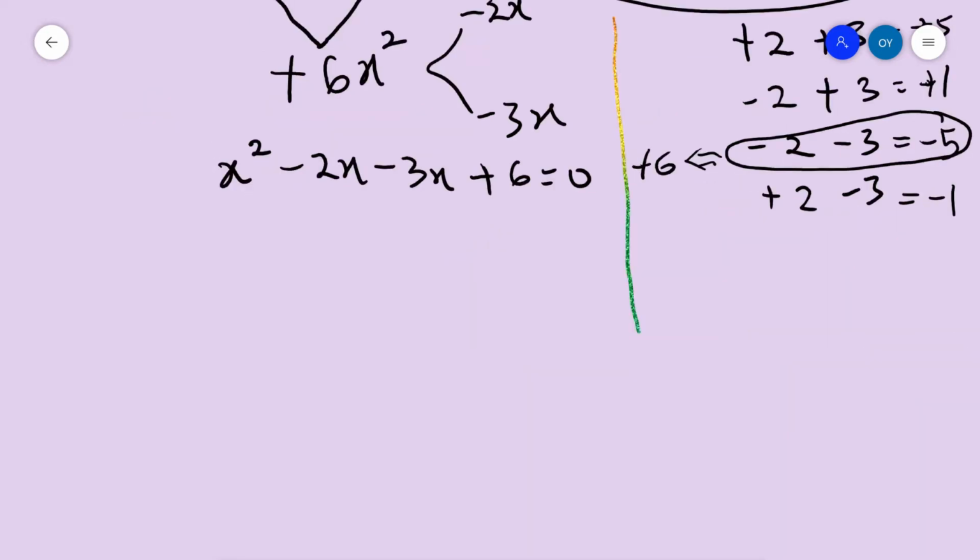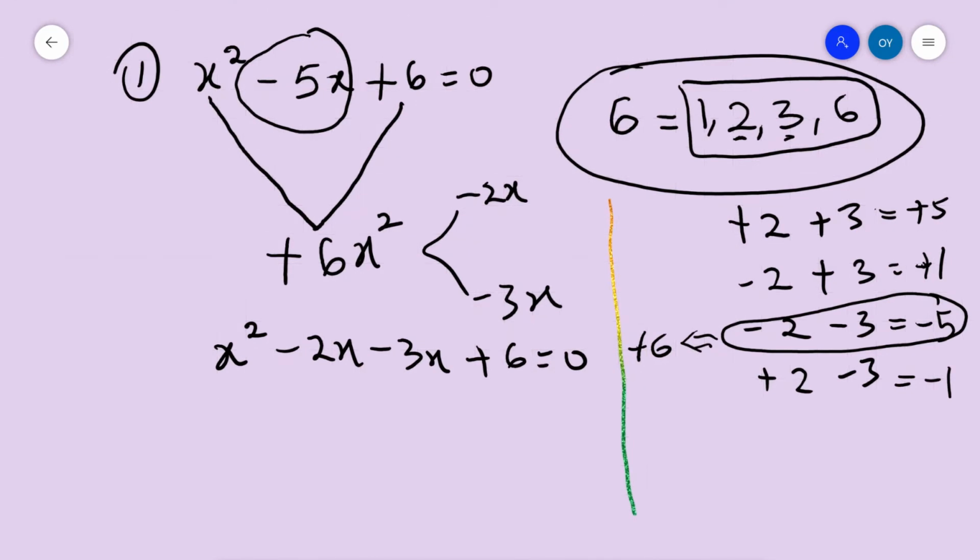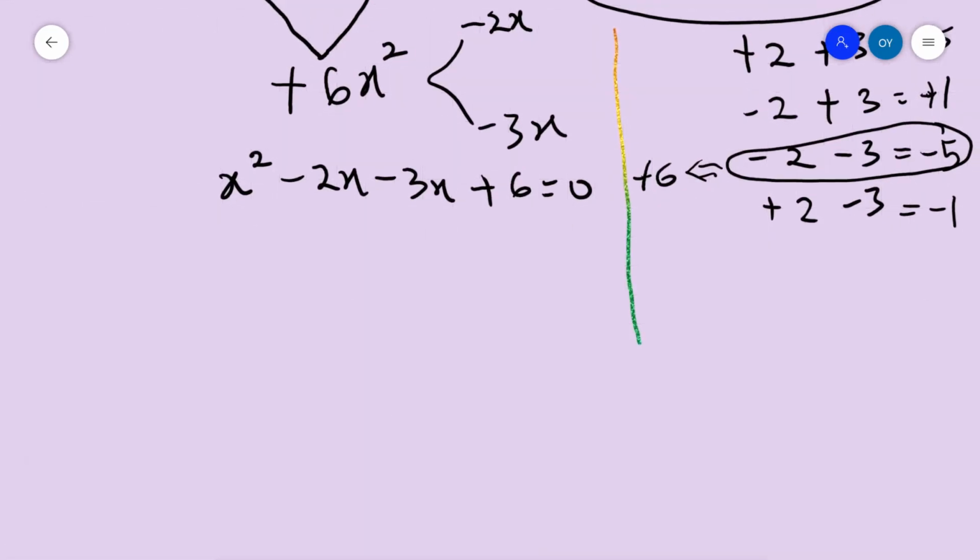See now that we've been able to achieve a new equation, because negative 2x, negative 3x gives us negative 5x. So now we group the terms. We have this and we also work with this.